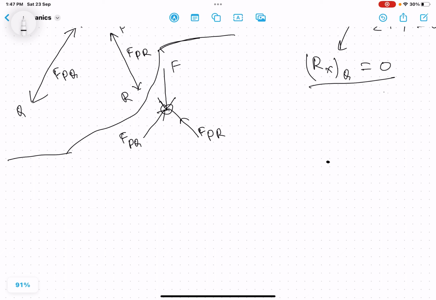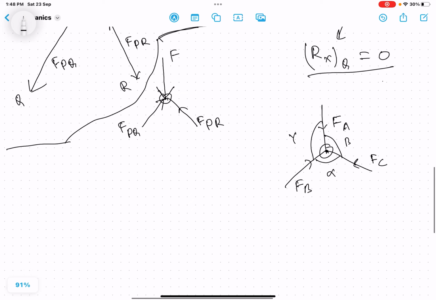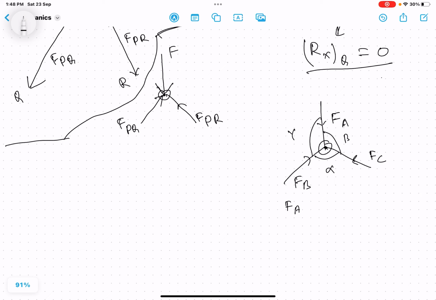So suppose this is a point here and three forces are applied, F of A, F of B, and F of C, and suppose the angle between these two is alpha, these two is beta, and these two is gamma. So we can write F of A by sine alpha equals F of B by sine beta equals F of C by sine gamma.